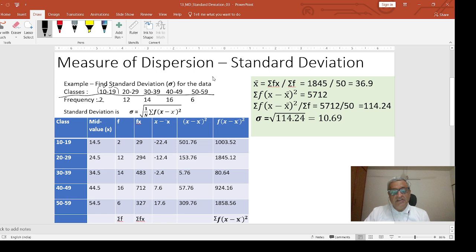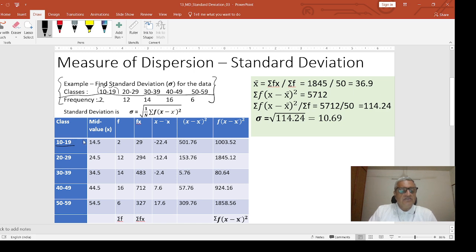Now we are expected to find out the standard deviation for this data. To do that, the first thing we should do is to make this data into tabular format. The very first column would be all our classes. There are 5 different classes, and the classes are of inclusive type.